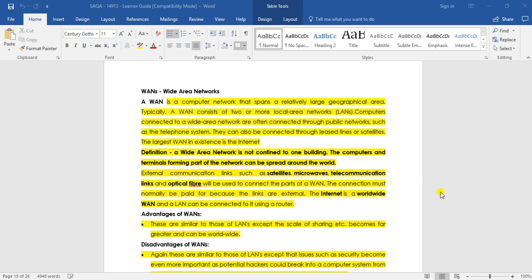The largest one in existence is the internet. So it consists of two or more local area networks.